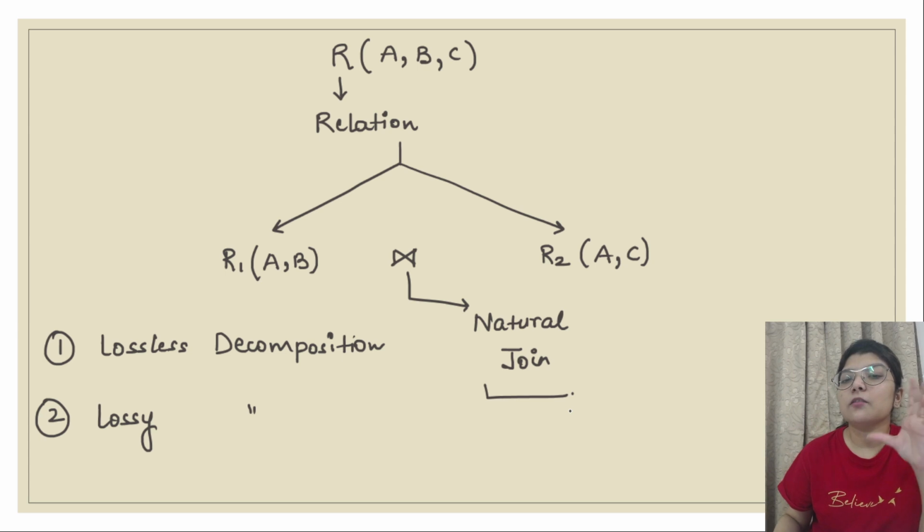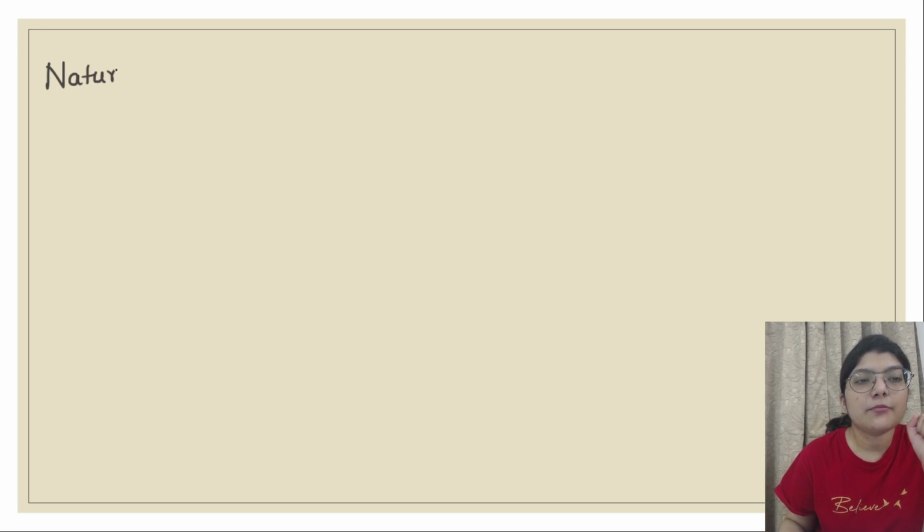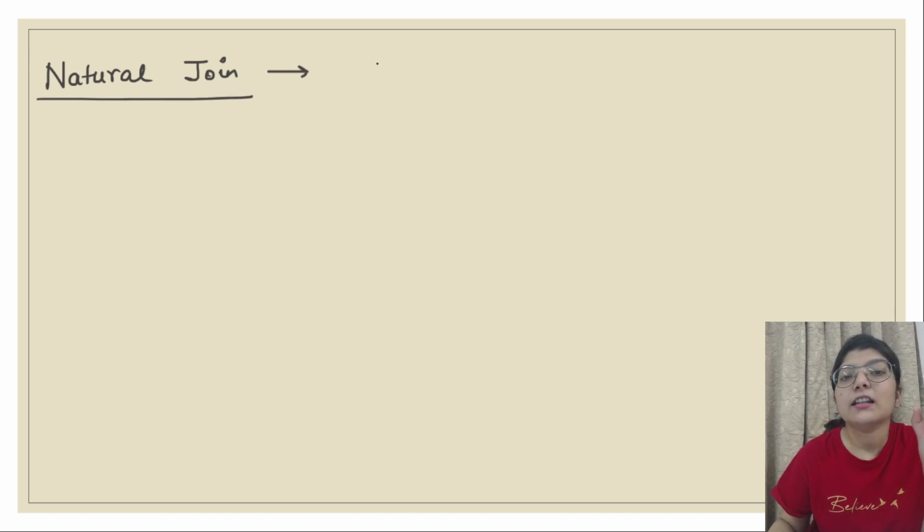Now you must be thinking, what is this natural join? Natural join is basically that type of join where we combine two relations or sub relations based on the fact that there is a common attribute between the two.